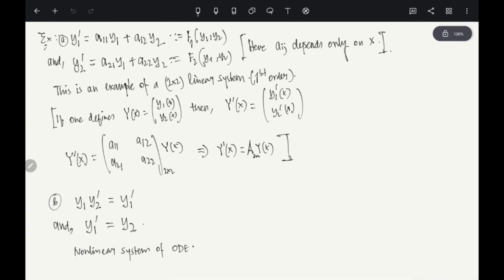So that's the example. Now let's look at this thing. These systems are actually a much more generalized version of an equation.